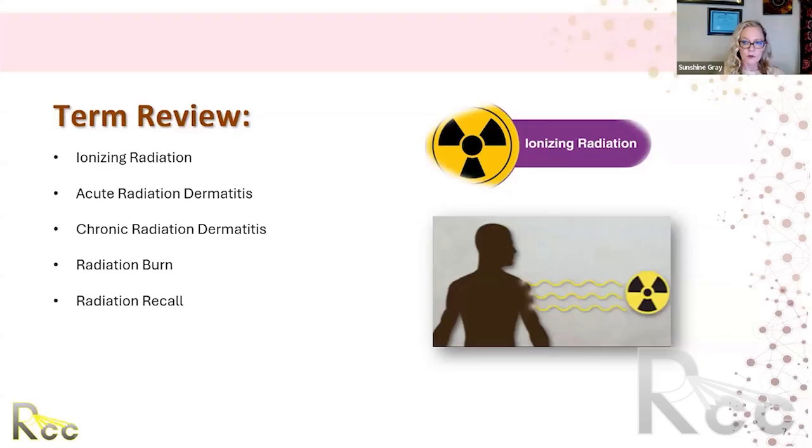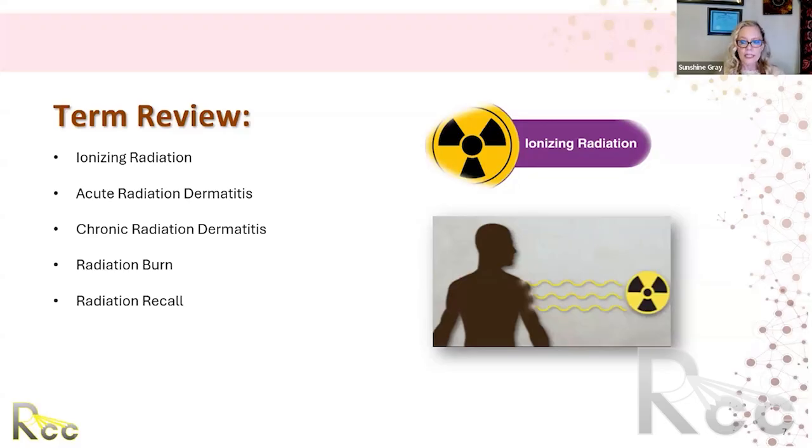It can be very difficult to identify the injured versus uninjured tissue, as it usually occurs in the area in the field of radiation, the area that we treated.